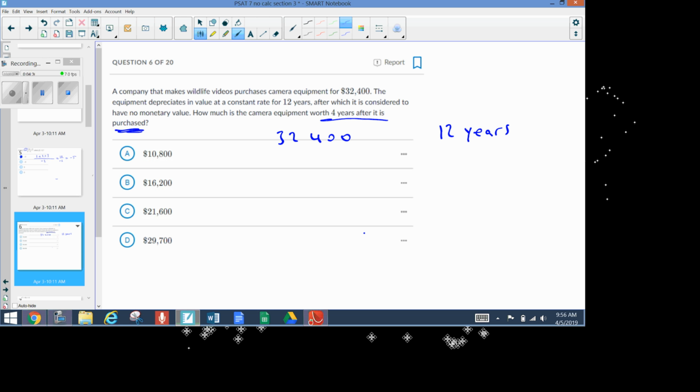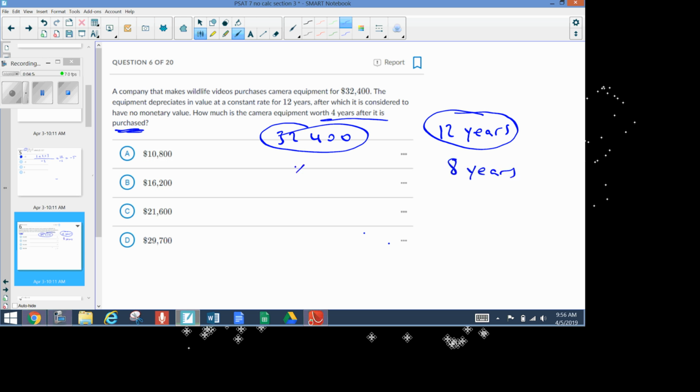In other words, how many more years you can use it. How much is the camera equipment worth 8 years after purchase? This is the 12 years. 12 years costs $32,400. What is 8 years cost?